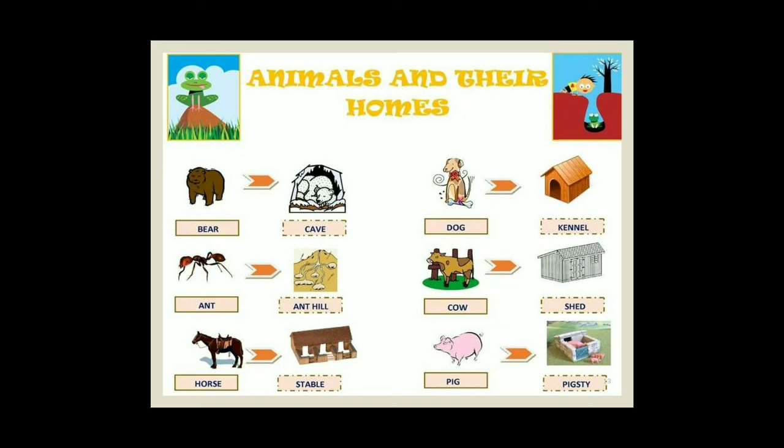Bear lives in a cave, ant lives in an anthill, horse lives in a stable, dog lives in a kennel, cow lives in a shed, pig lives in a pigsty.